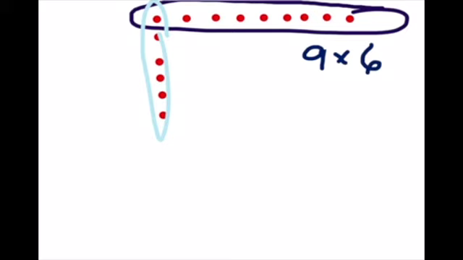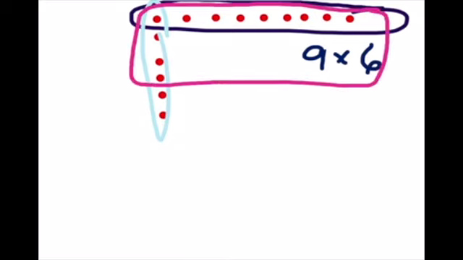So I have 9, and I see a problem that I know really well. And that's 9 times 4, right? Because there's 4 on the side times 9 at the top. So 4 times 9, I know that that's 36.